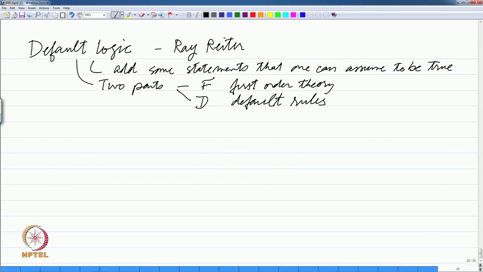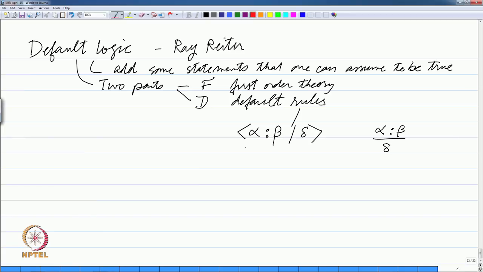A default rule is made up of a triple, alpha, beta, delta, or we can also write this as alpha, beta, then delta.